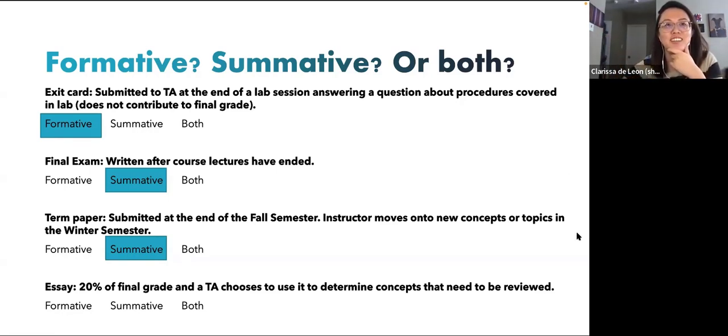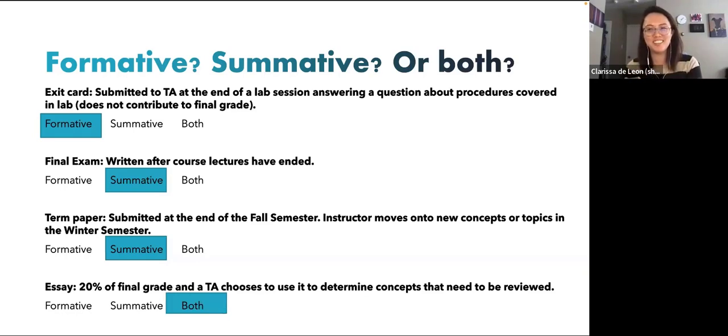Thank you so much. And then the last example is an essay, which is worth 20% of the final grade, but a TA chooses to use it to determine concepts that need to be reviewed. So is this formative, summative, or both? I'm looking at the time and I'm realizing Karalyn needs time for her sections of the workshop.